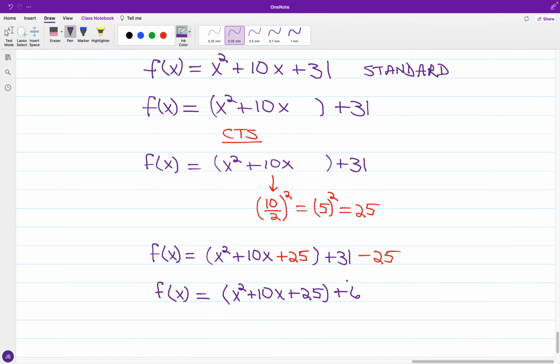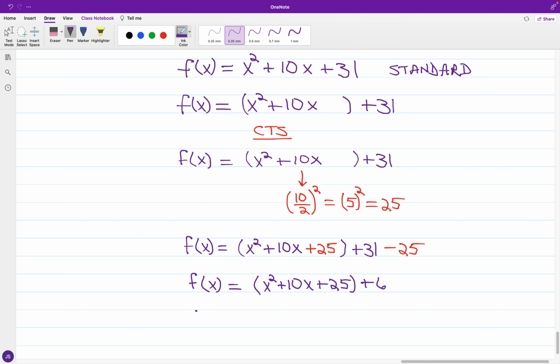For the vertex form, the remaining item is to rewrite this trinomial in terms of the square of the binomial. Right now, x squared is going to be the square of x, and I had formed this trinomial upon adding 25, which originated from squaring out a positive 5.